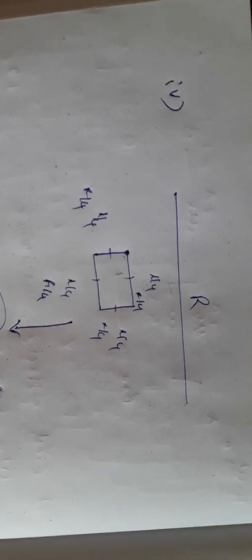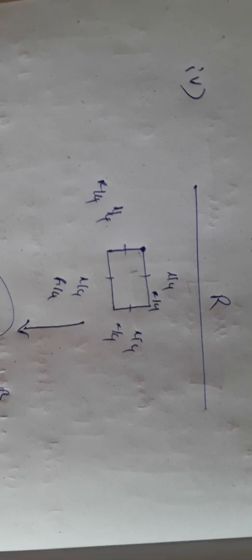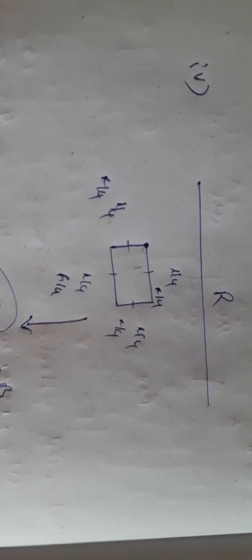Okay children, so again look at the problem. A wire is given to us of resistance R. It is bent into a square such that the lengths of the sides become L by 4, L by 4, L by 4. Since no other changes are there and R is directly proportional to L, the resistance will be R by 4, R by 4, R by 4 across the sides.